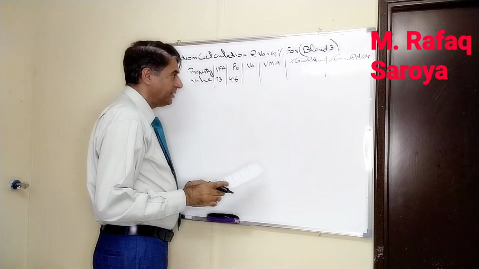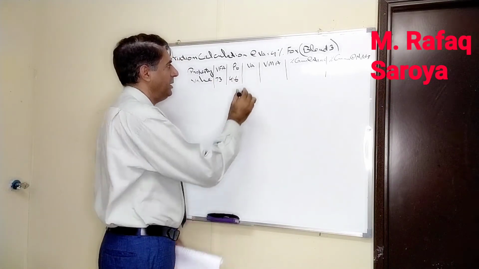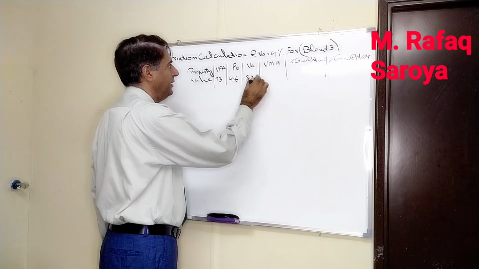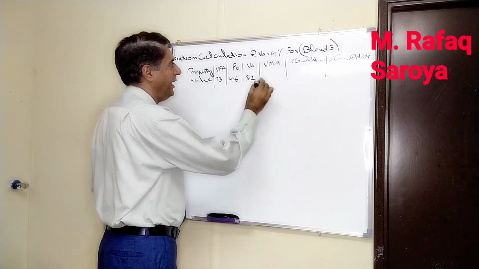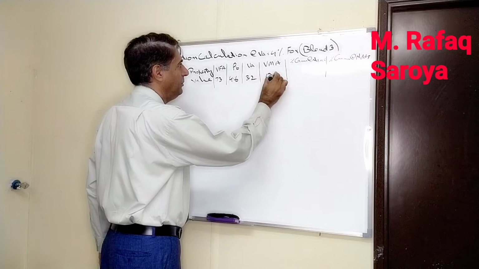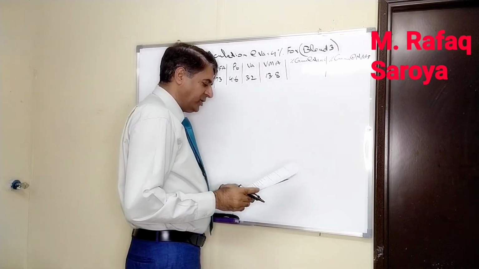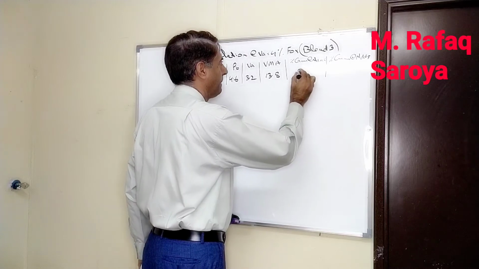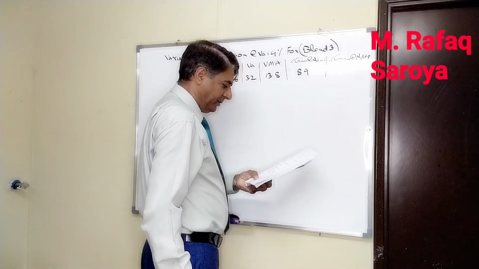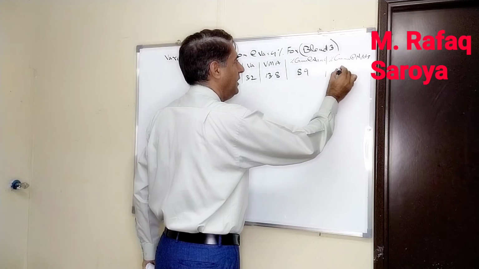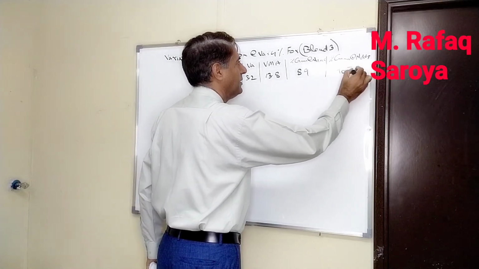The air voids calculated are 3.2%. The VFA calculated for this one is 13.8%. This compaction is 89%, and the last compaction is 96.7%.